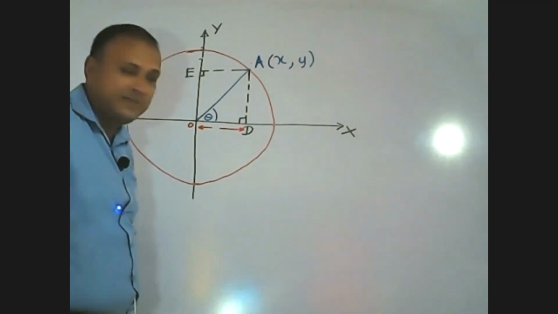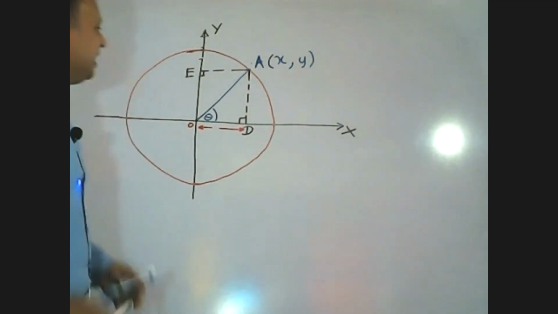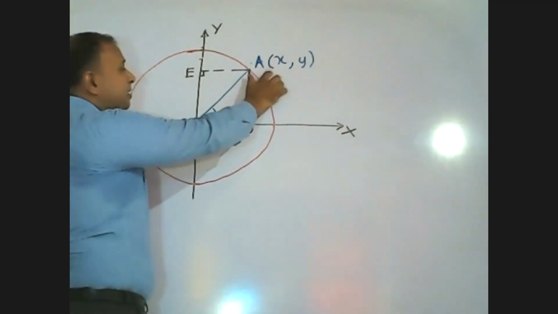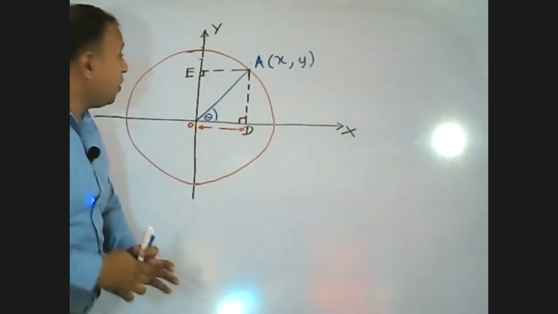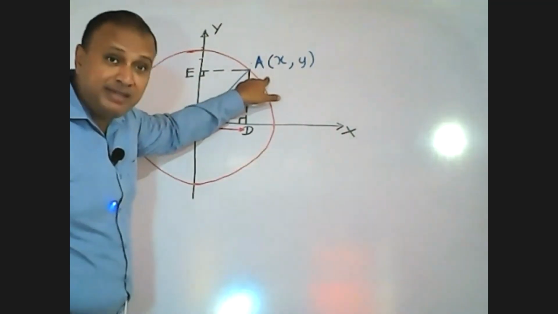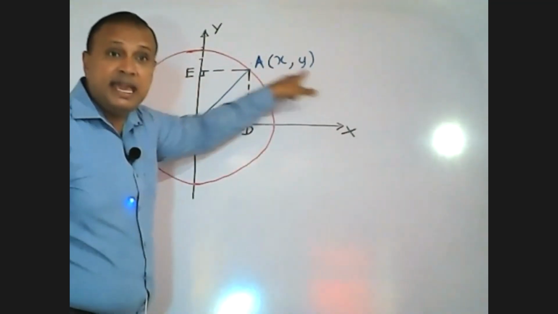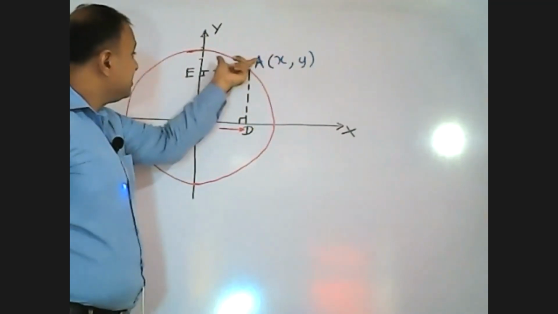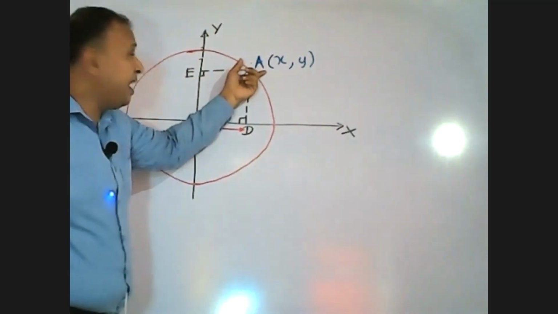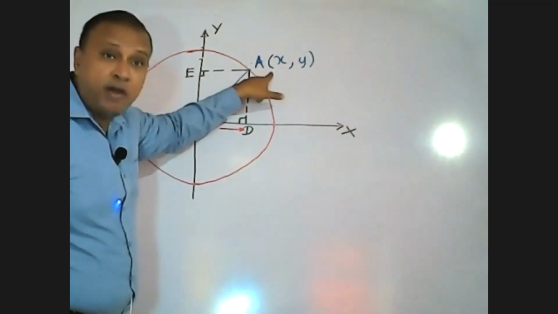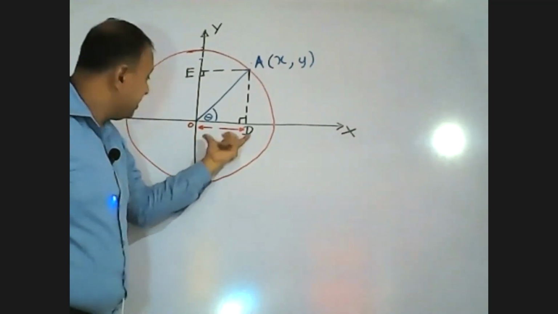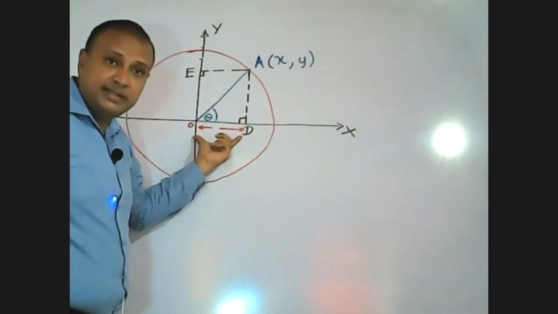Yes, very good. Because the Cartesian coordinate of this point is x comma y, the x coordinate of this point A is x. Then this length should be equal to x.